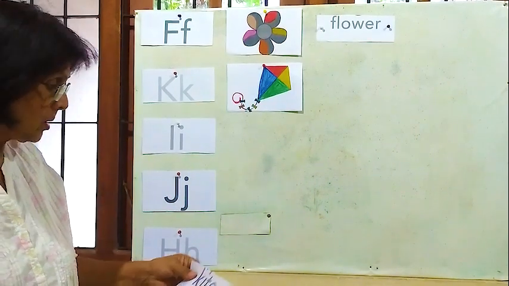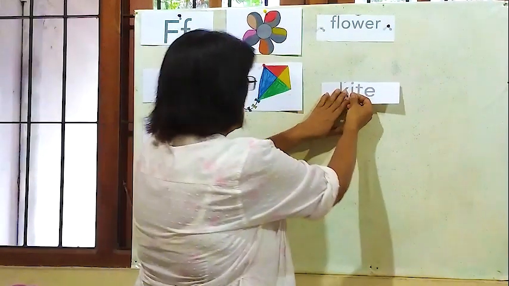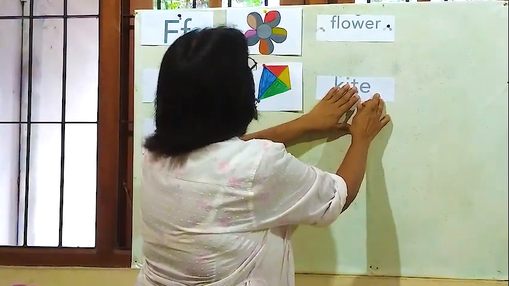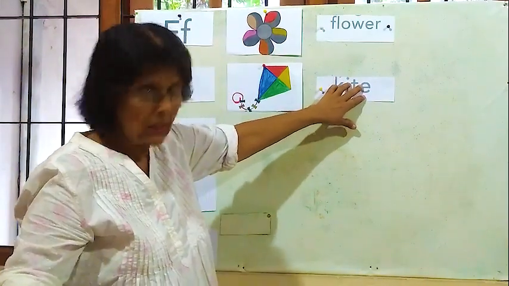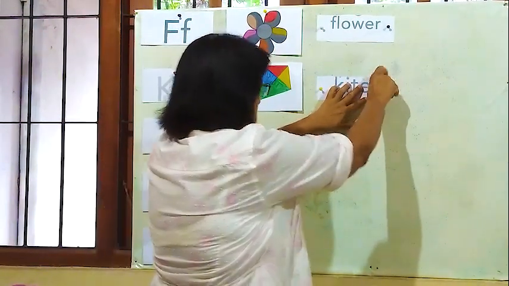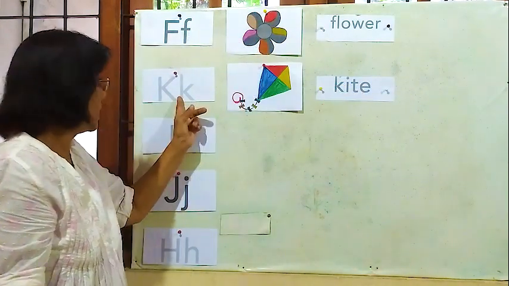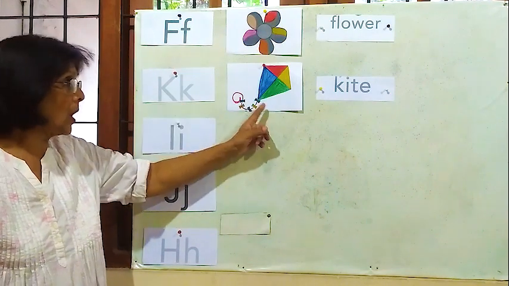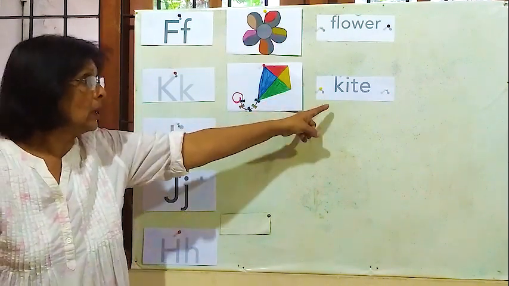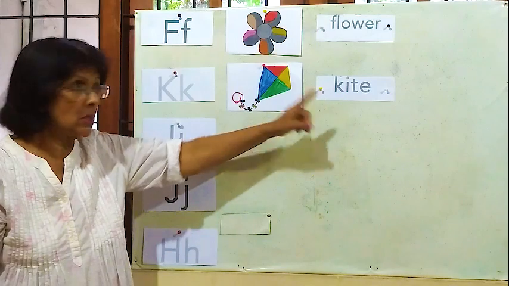Look. K for kite. The first letter is K. K for kite. The word kite.